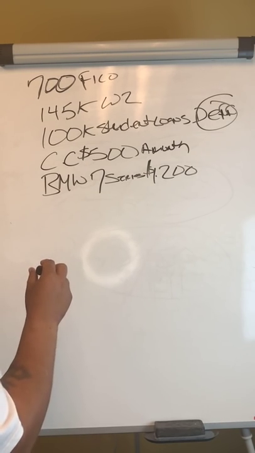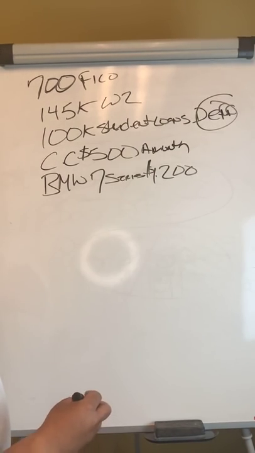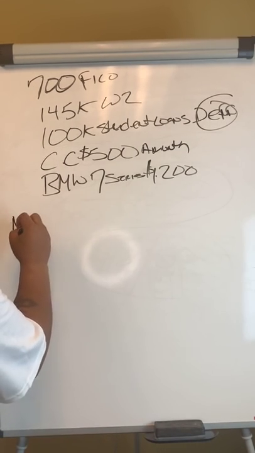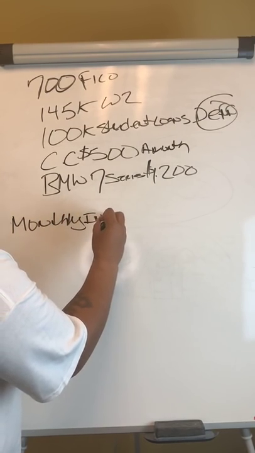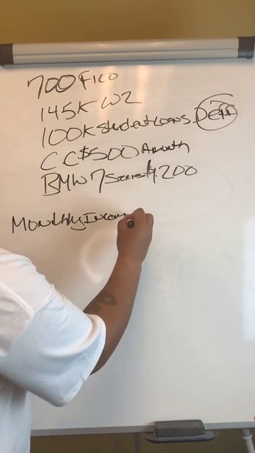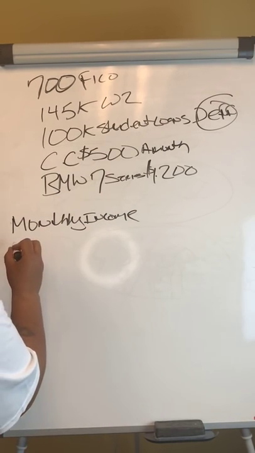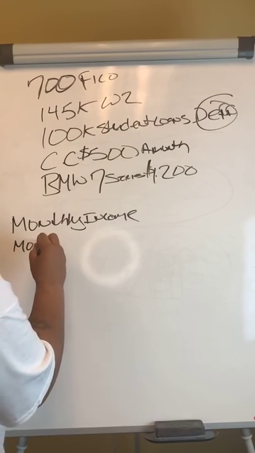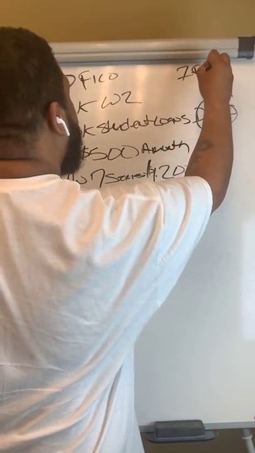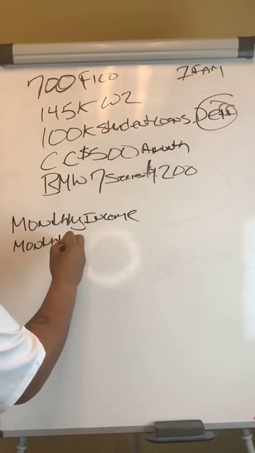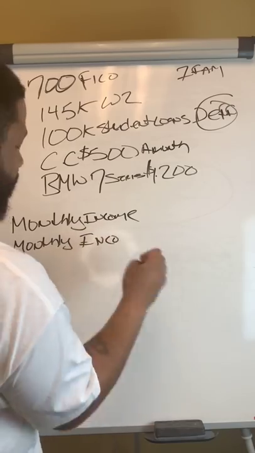Killing it. So now, my question to you guys: what's the monthly income? How much is the monthly debt? Now, mind you, this is a one-family home. They want to buy their dream home. One family, no rental income.